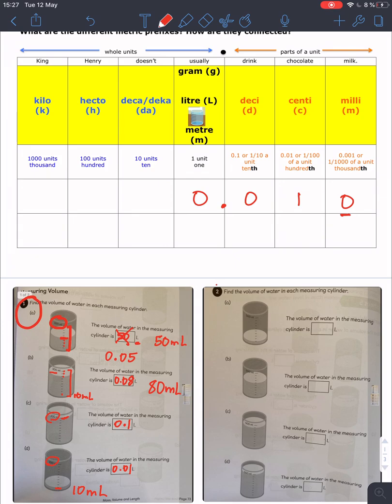Now when we look at number 2, however, we can see that the capacity is different. The capacity is different, but still the scale is the same. It means that this container has been broken up into 10 equal parts as well. But 1/10 of 500 milliliters is not 10 milliliters. 1/10 of 500 milliliters is 50 milliliters.